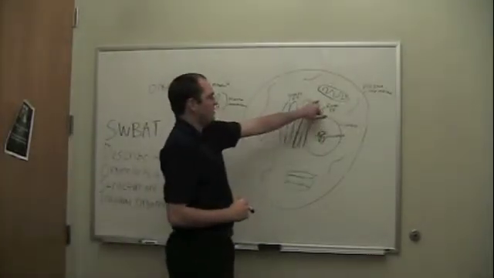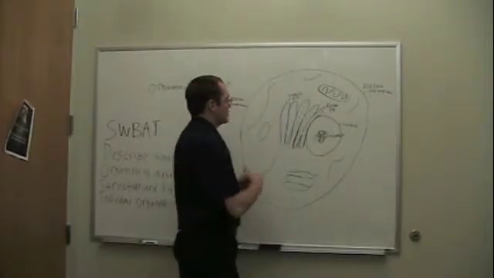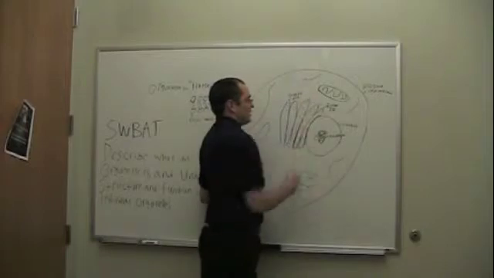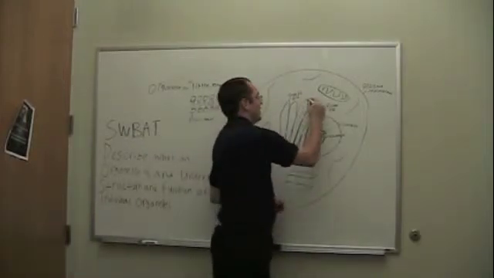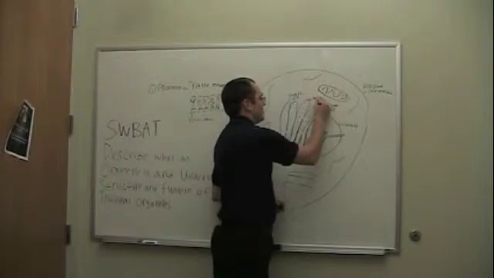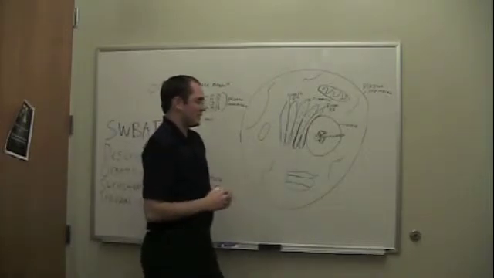So the rough ER is involved in protein synthesis. It also has these little dots on here which give it its name, the rough ER, because it looks rough when you're looking at it. So these are the ribosomes. And ribosomes are little protein synthesis guys.